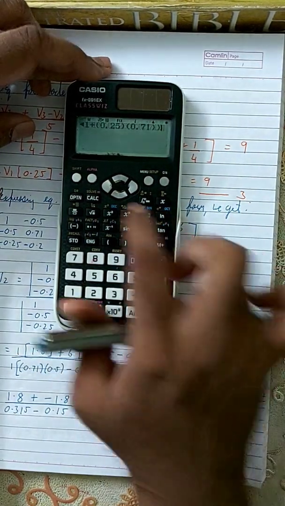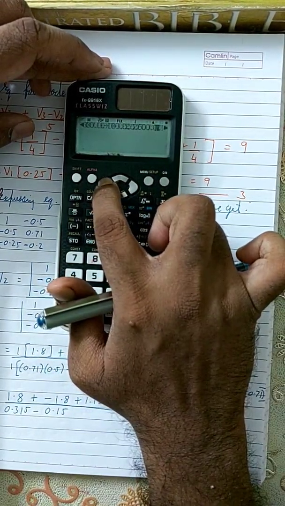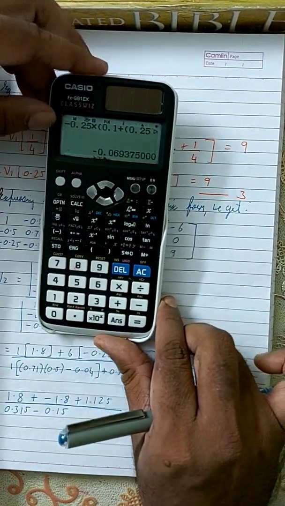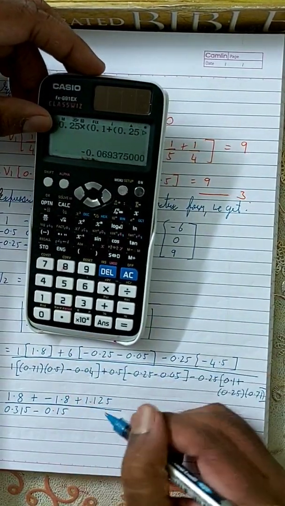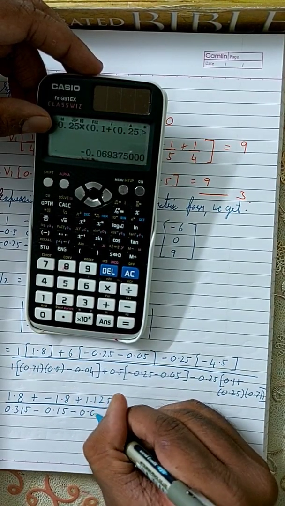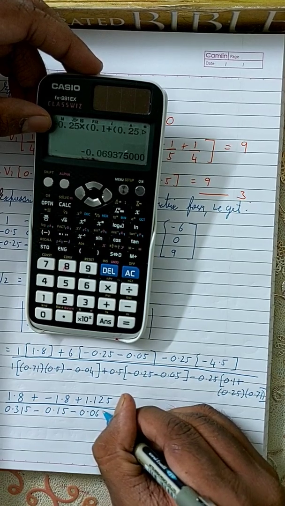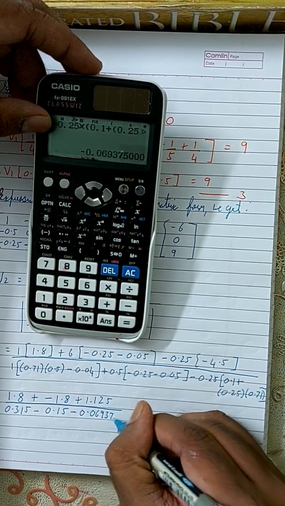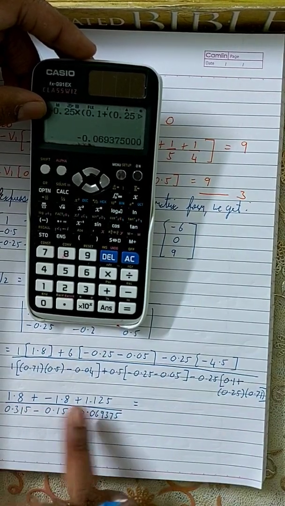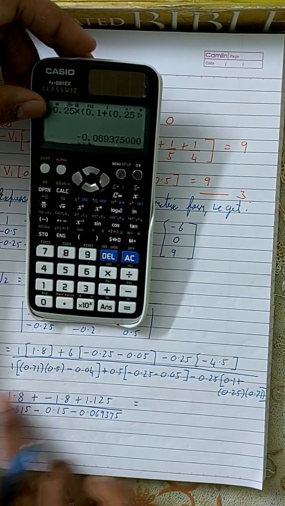That's it, right? Close the bracket again. So you will get minus 0.06935. Okay, so here now 1.8 and minus 1.8 will cancel each other.